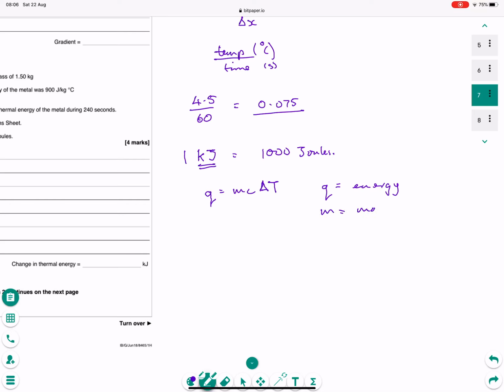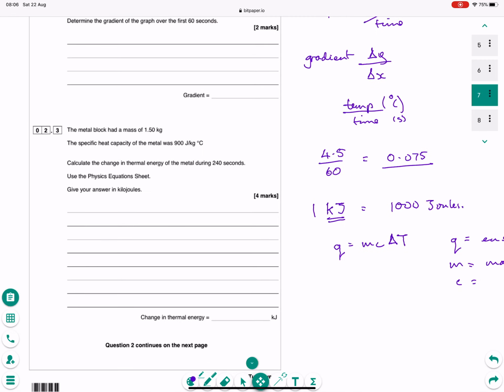m is mass in kilograms. c is our specific heat capacity, which they give you here. They give you the units. That's that one.